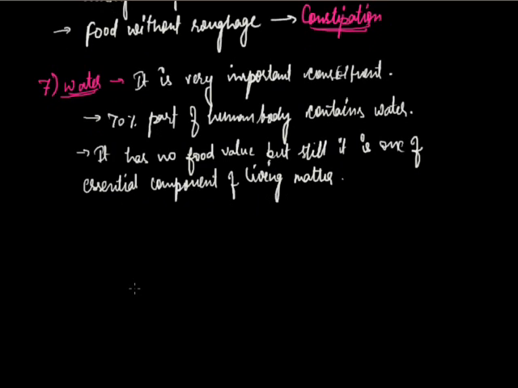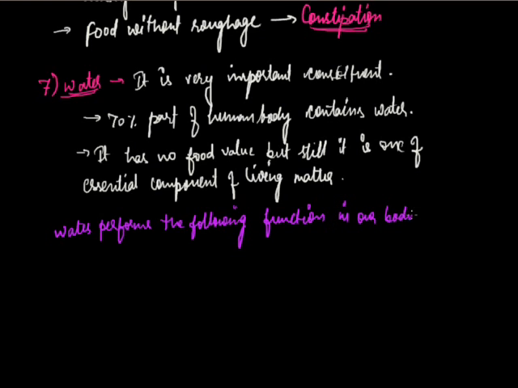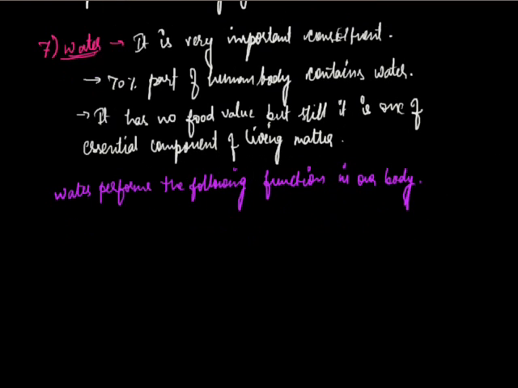Why is it so important? Because water performs the following functions in our body. It transports food material within the body, so it helps in transportation of food material, or we can say nutrients.